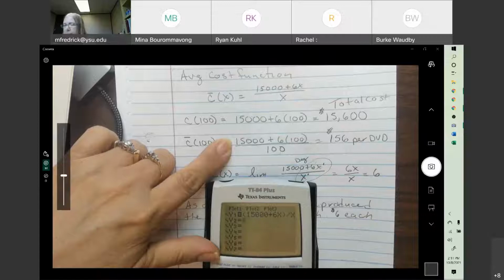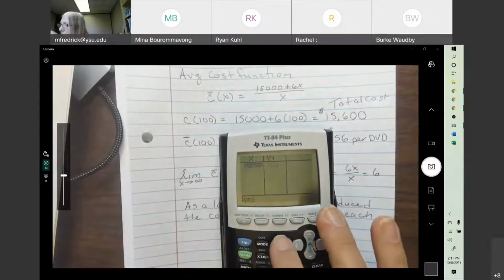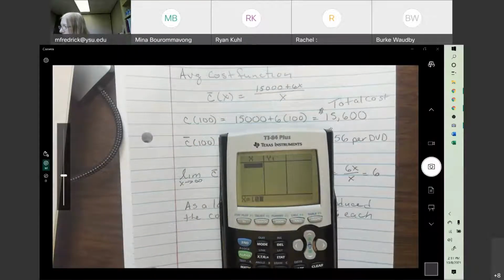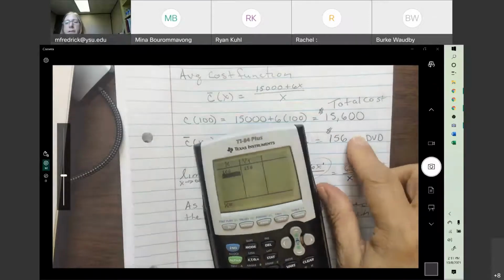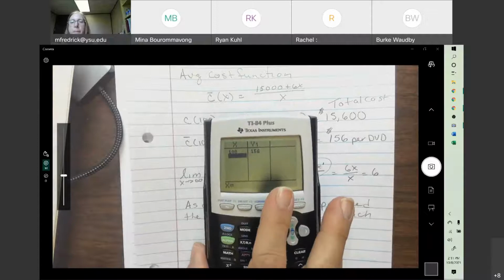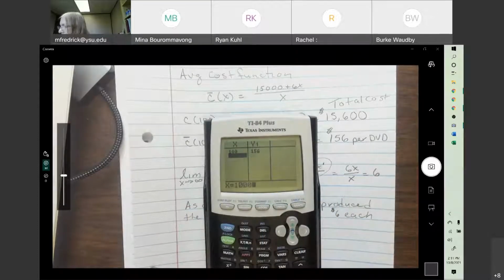And then I'm going to go to my table. You don't have to graph it. Second, table. Notice when I type in 100, we have the 156 that we got here. Now, as this gets larger, 1,000.